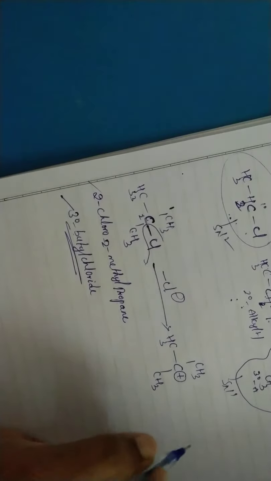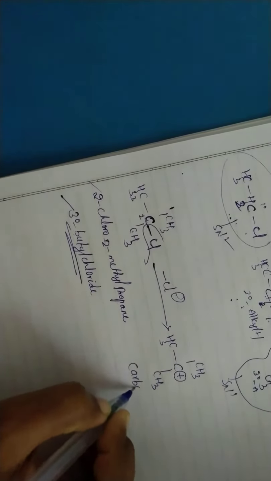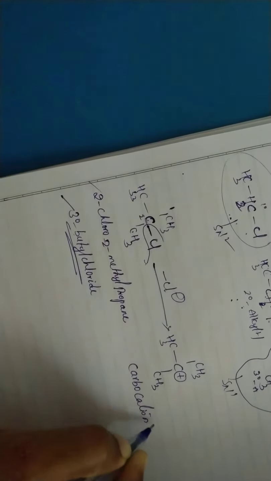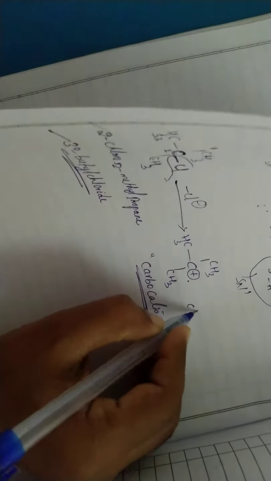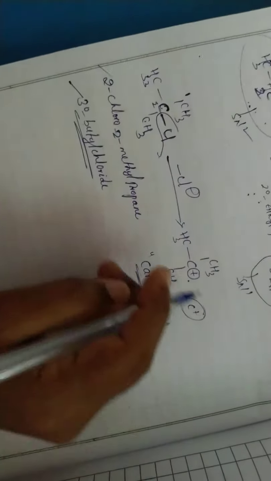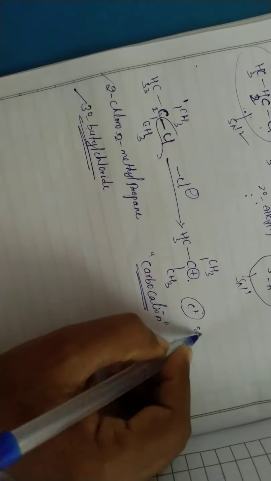If carbon is containing a positive charge, that is called a carbocation. C plus is called a carbocation. Generally the carbocation hybridization is sp2 hybridization.